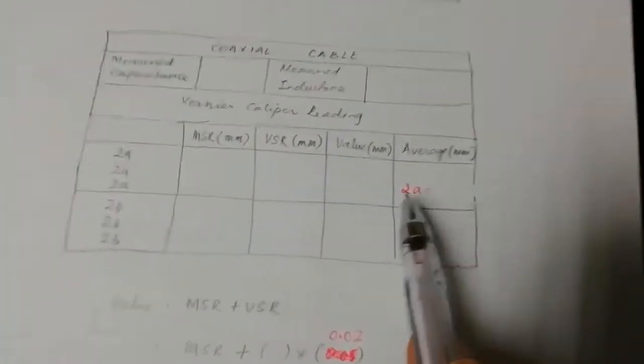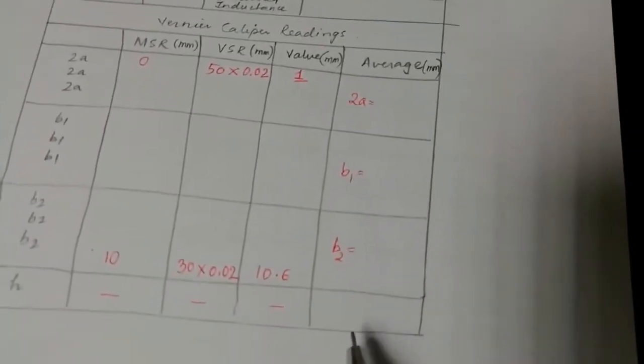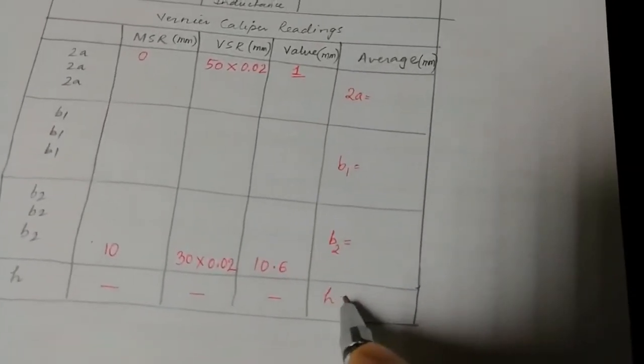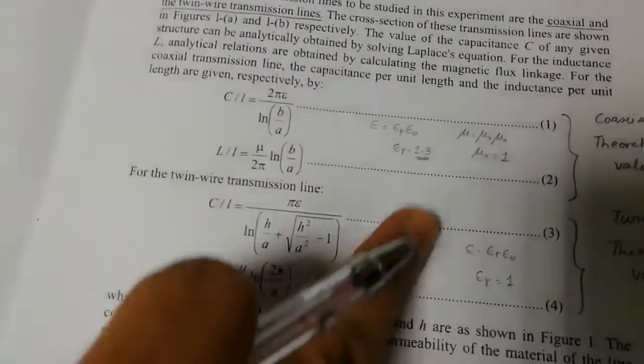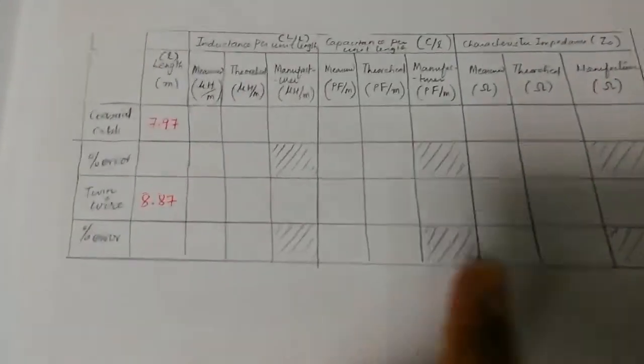So now, since you know all these values from the vernier caliper, 2A, 2B, B1, B2, and H value, then we are going to substitute in these theoretical expressions, and then we are going to find the theoretical values, and those theoretical values we are going to write on this table.